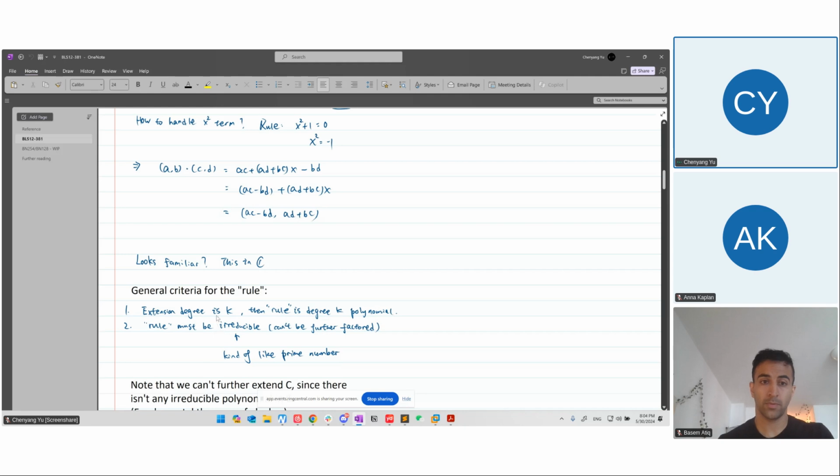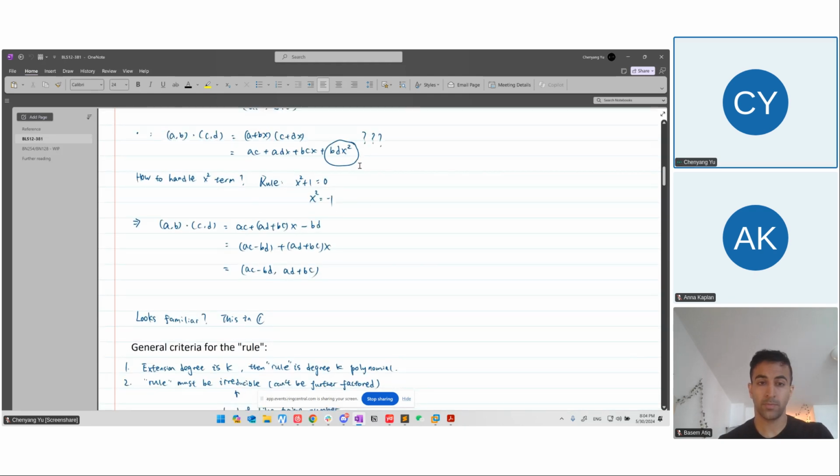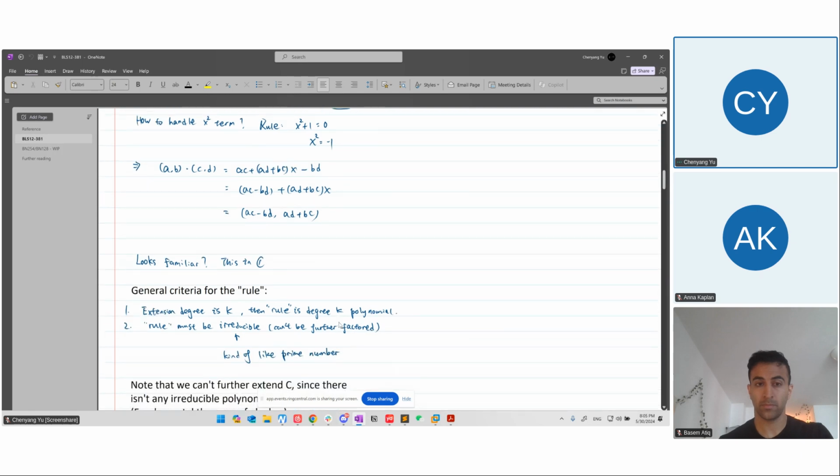General criteria for the rule. So our case, the degree was degree k polynomial. I'm a little confused here. I think it's k minus 1, but you get the idea, okay?